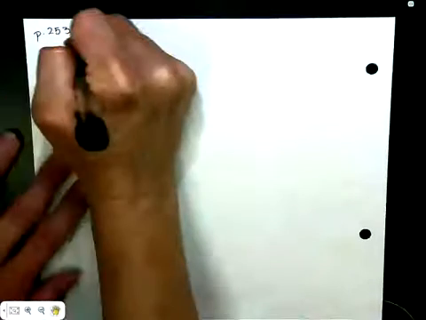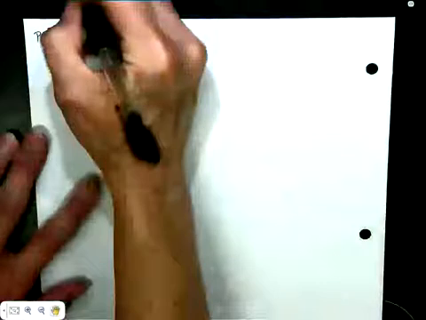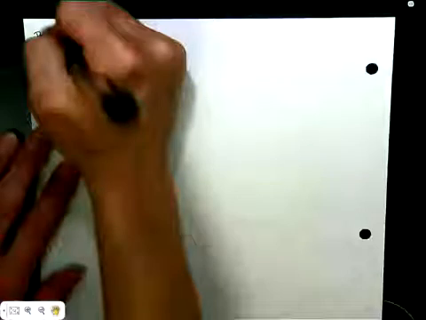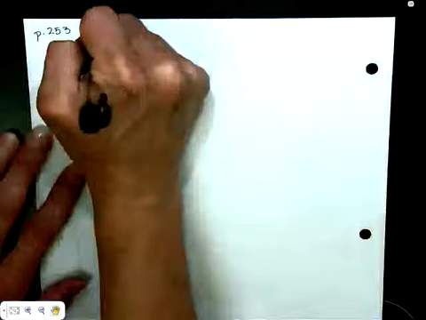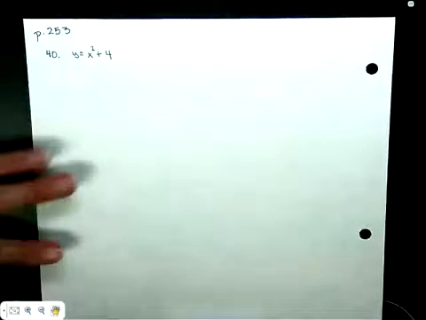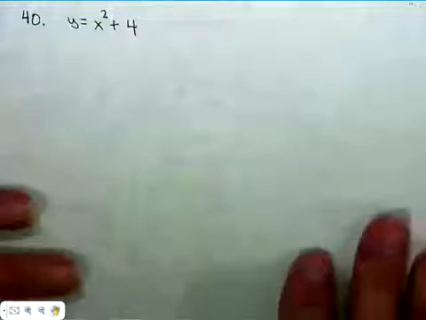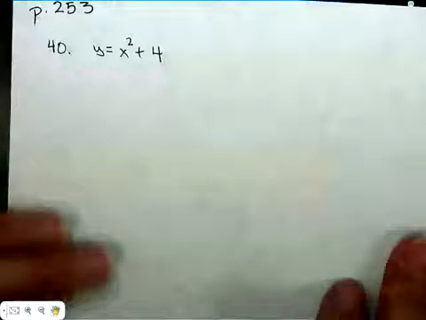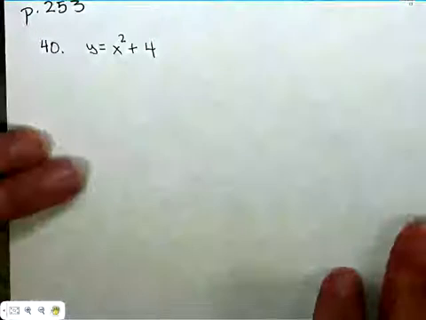Number 40. You can write f of x equals blah, blah, blah, or I'm just going to go ahead and write y equals, because they're interchangeable. Y equals x squared plus 4. What does y equals x squared look like?